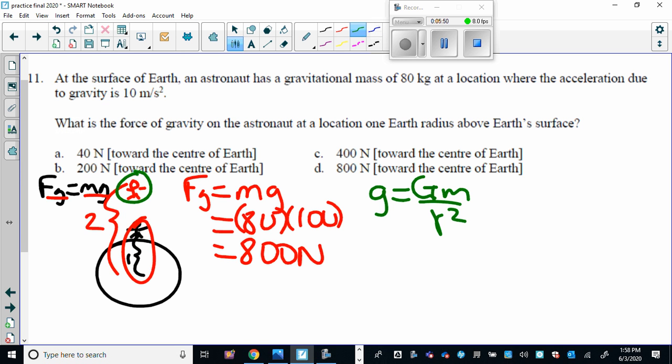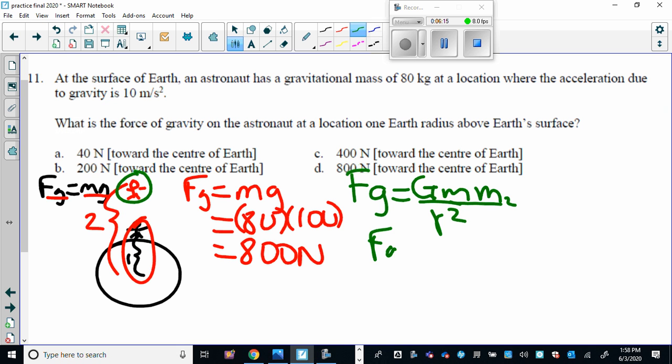Actually, sorry, I wrote down the wrong formula. Well, we can do either one. That's better. So the force of gravity equals G m1 m2 over r squared.